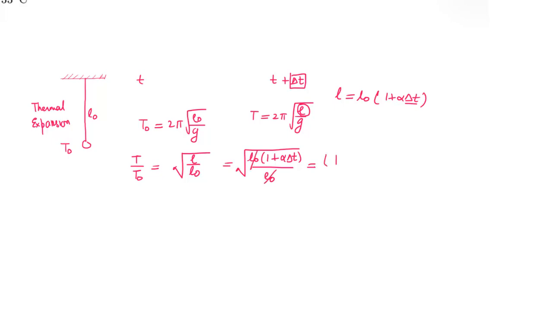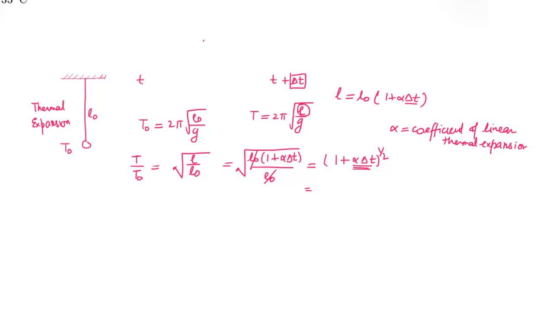So we have got here 1 plus alpha delta T. Since alpha, the coefficient of linear thermal expansion, is very small, we can apply the binomial theorem.